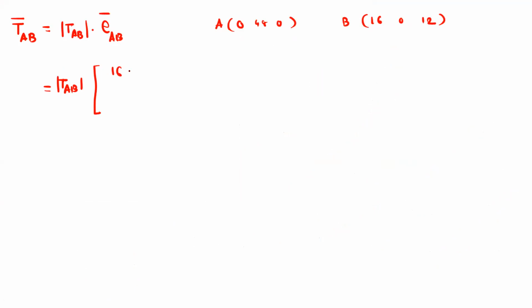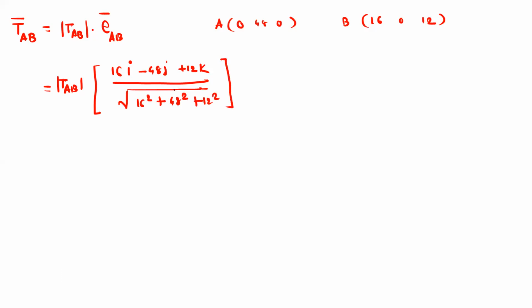So this is 16 minus 0, so it is 16I, plus 0 minus 48, so this is minus 48J, and 12 minus 0, so this is plus 12K, divided by the square root of 16 square plus 48 square plus 12 square.